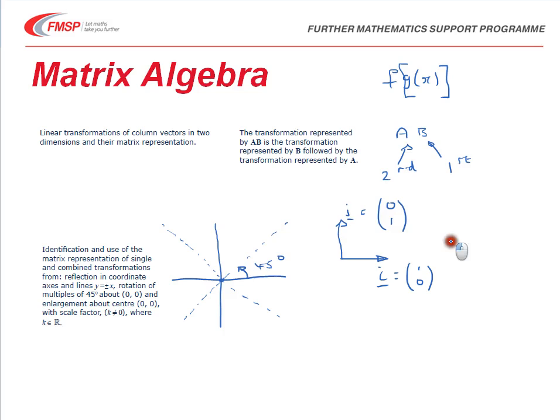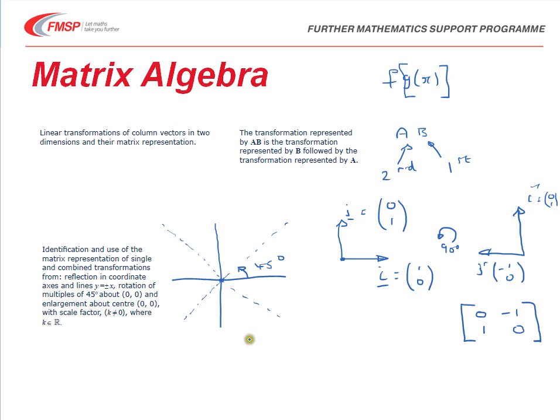So for example, a rotation of 90 degrees about the origin would produce the following set of unit vectors. i dashed would be here at (0, 1), and j dashed would be here at (negative 1, 0), so that the matrix for that rotation of 90 degrees anti-clockwise, so positive 90 degrees, is (0, negative 1; 1, 0).